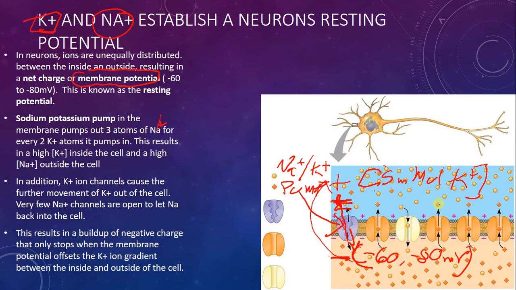There are sodium ion channels and there are potassium ion channels. Potassium ion channels most of the time are open, so they allow for further diffusion of potassium, because there's a high potassium concentration inside the cell, since we're pumping all that potassium into the cell, and a low concentration, 5 millimolar, outside.